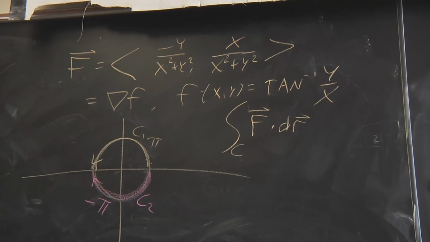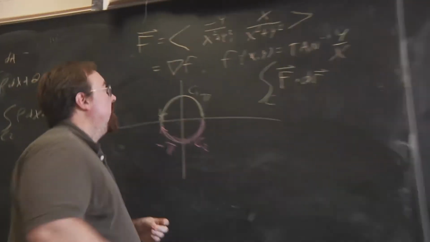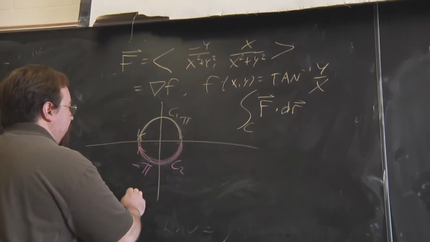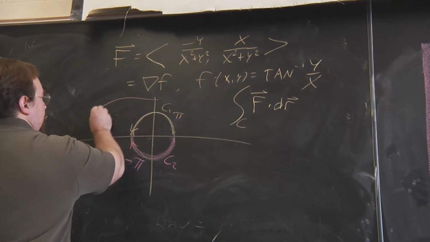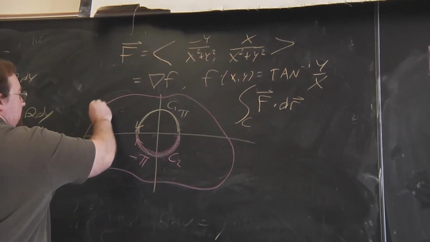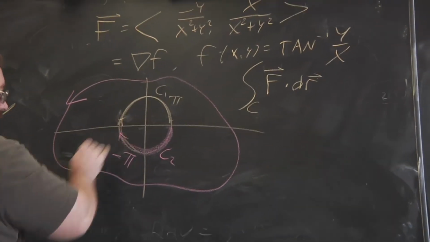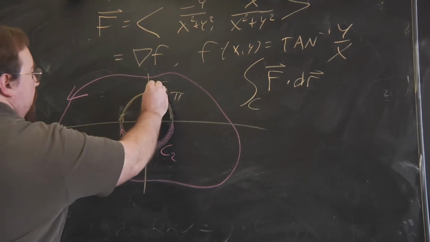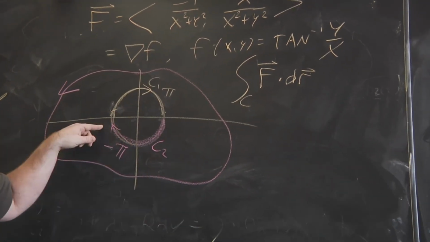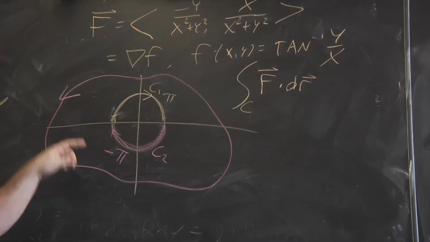That's kind of cool. And there's something else you can get from this that's also cool. Now, let's define this region. We take any closed curve, we orient it properly, and we orient the circle properly as well. So now we have a region with a hole in it. The origin is not included in this region.